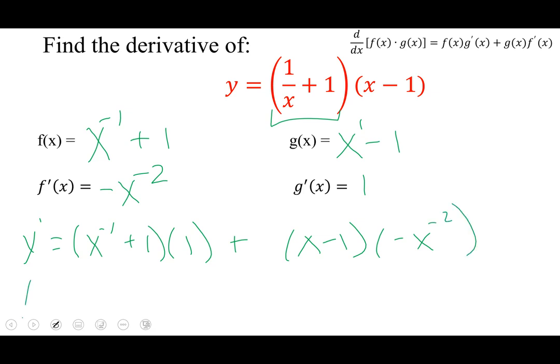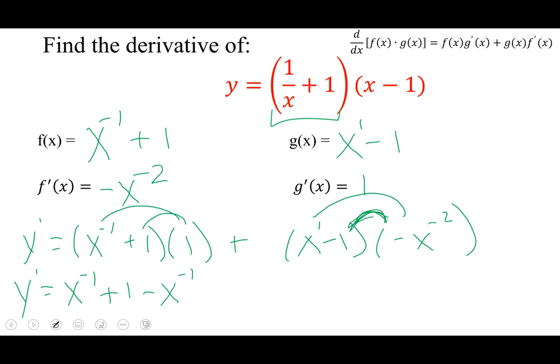Go ahead and combine your like terms by multiplying through first. So if you distribute this 1, you get x to the negative 1 plus 1. If you distribute this negative x to the negative 2, x to the first times a negative x to the negative 2, that's a negative. If you add the exponents, 1 plus negative 2 gives you negative x to the negative 1.